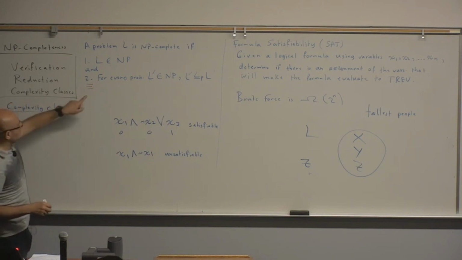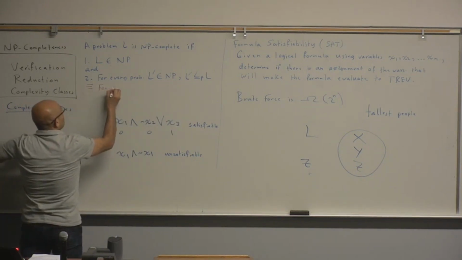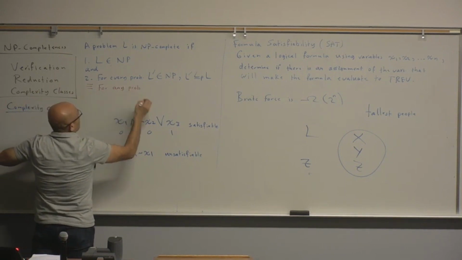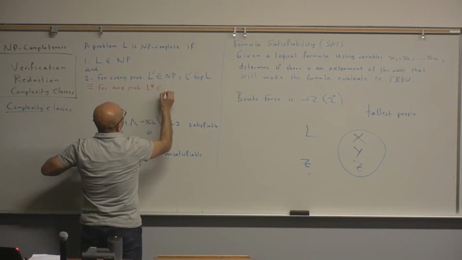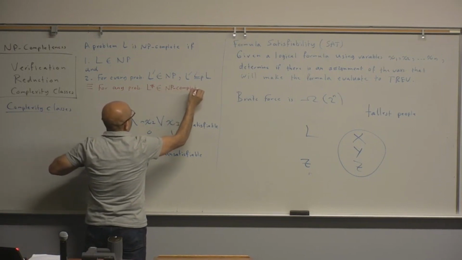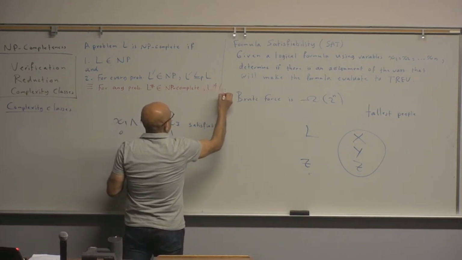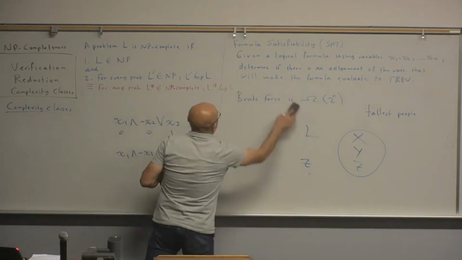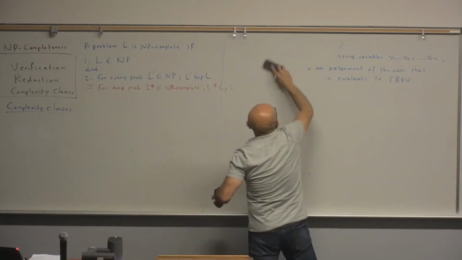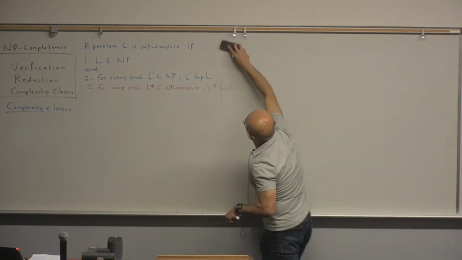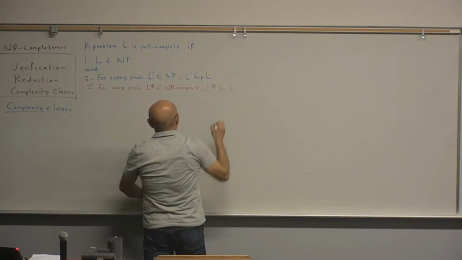The equivalent statement is, instead of for every problem L prime that belongs to NP, L prime is reducible to L, I can say for any problem L star that belongs to NP-complete, that is already known to be NP-complete, L star is polynomially reducible to L. Okay, so L star is polynomially reducible to L.